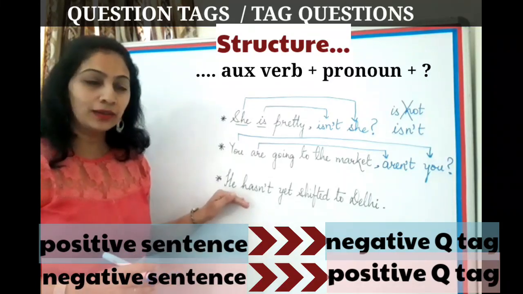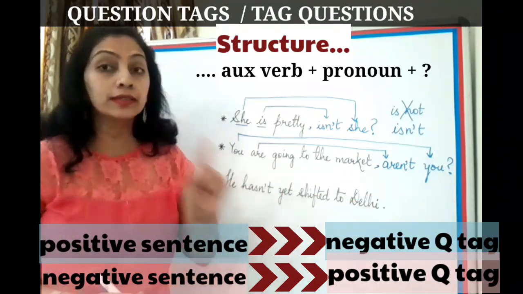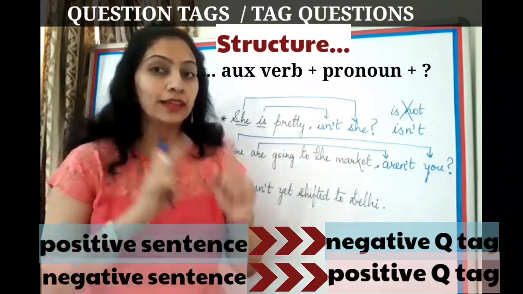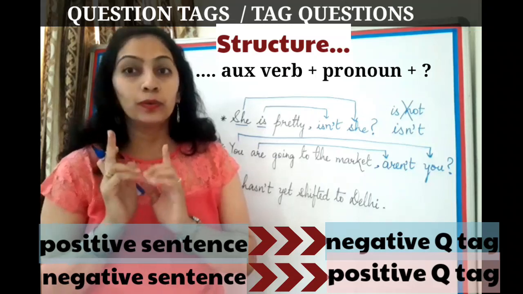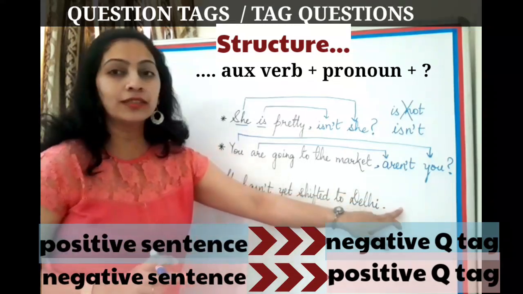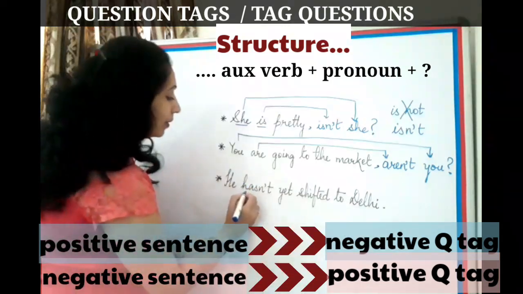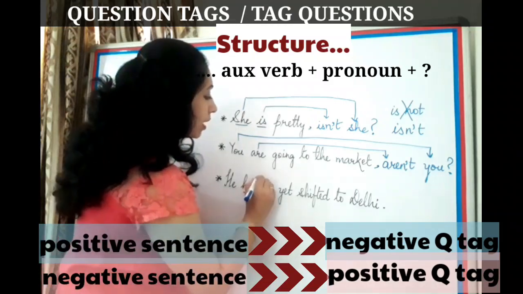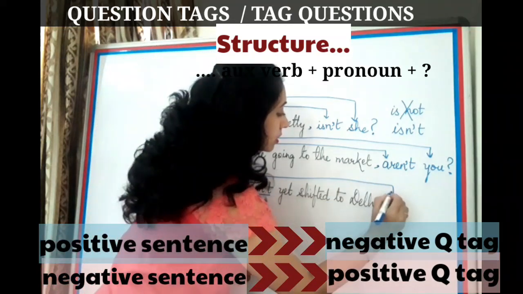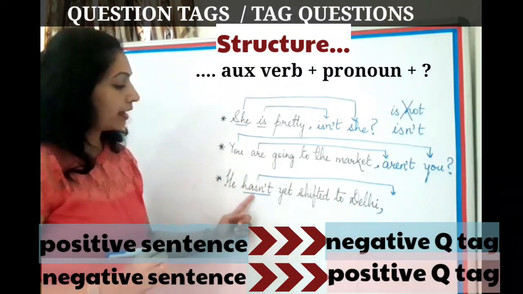Let's take the third one now. He hasn't yet shifted to Delhi. Now this is a negative statement, and I told you negative statements will always have a positive tag, which means in the question tag we will not have not. Look here. Hasn't is the auxiliary verb here. So I'm going to take the auxiliary verb first, change the full stop into a comma, and then hasn't.